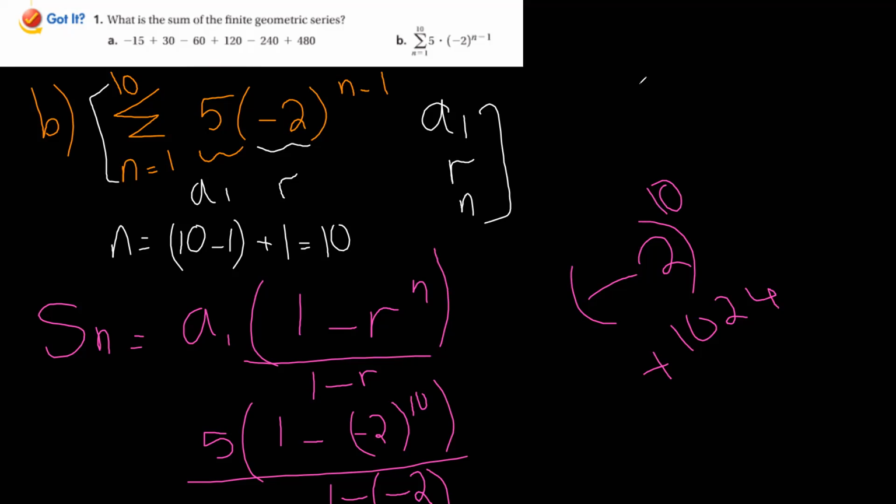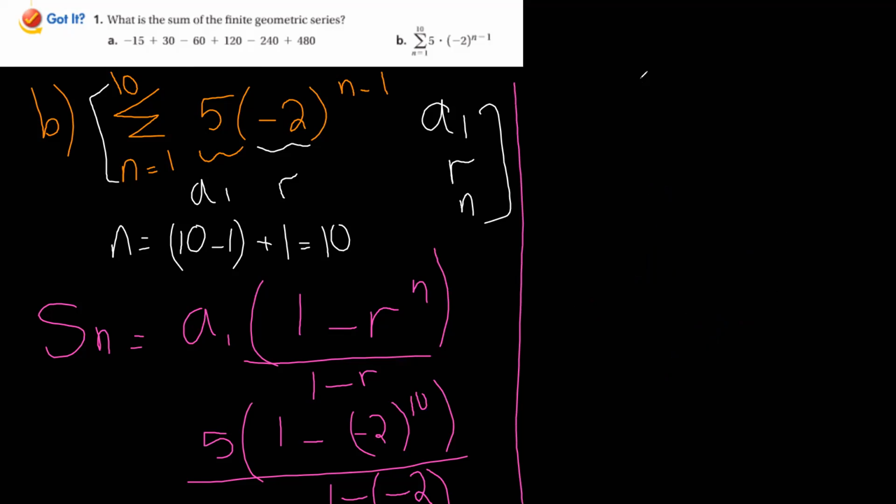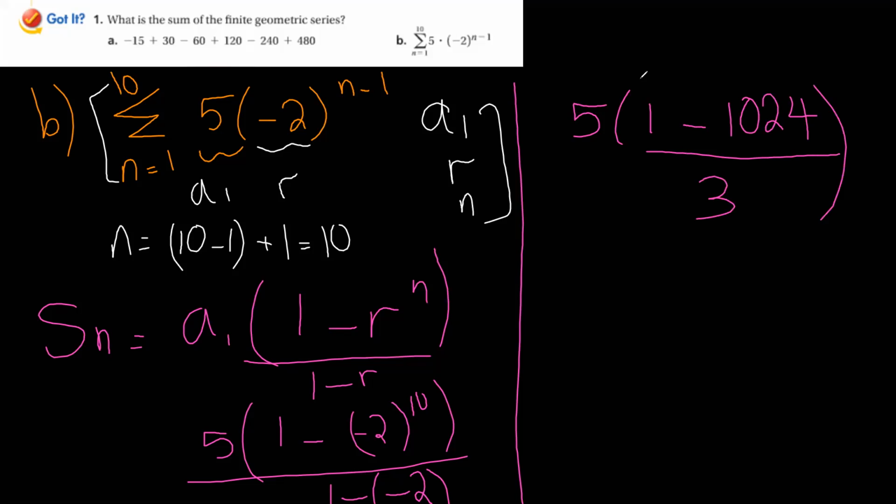So now, back. So 5 times 1 minus 1024 over 3, because it was 1 minus negative 2.